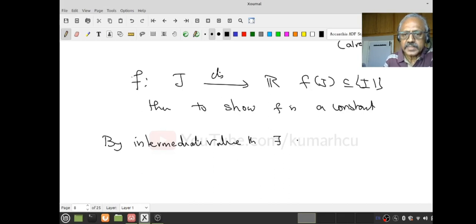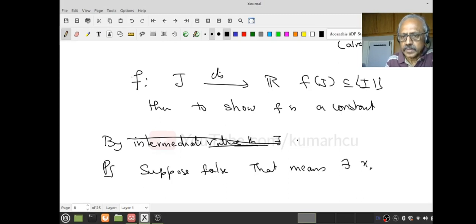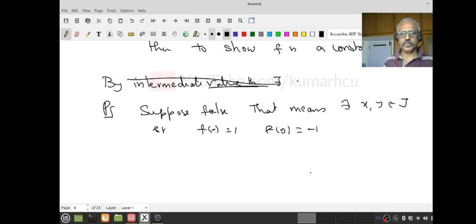Okay, let me give a proof. Suppose not. That means there exist x and y in J so that f of x is plus 1 and f of y is minus 1. Because it's not constant, it takes both the values. Very good.